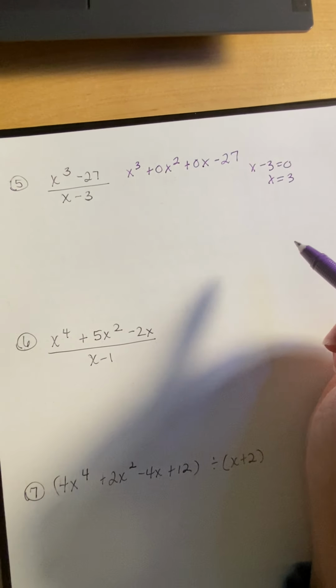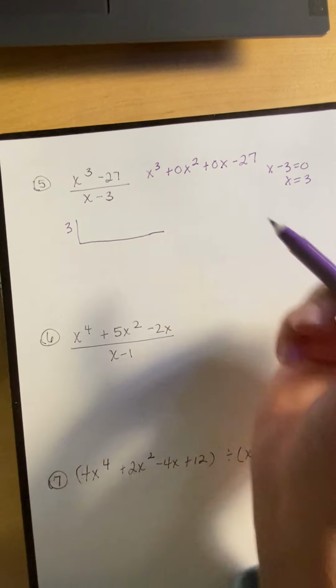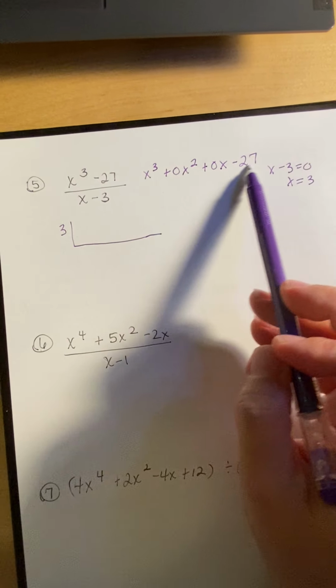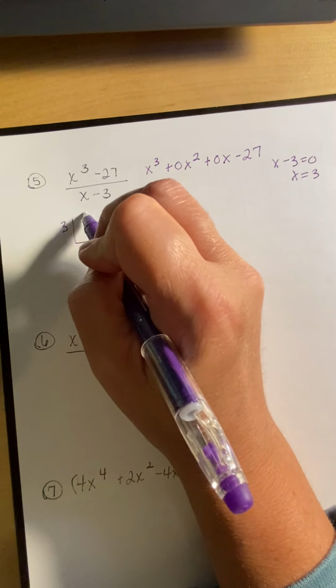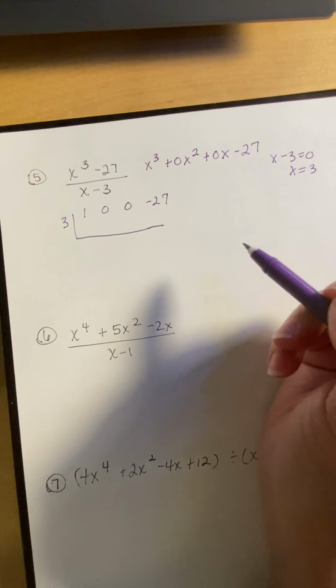Remember that right there is going to go on the outside, and you're writing down your upside down division. Writing down your coefficients from here, because these zeros are important. 1, 0, 0, negative 27.